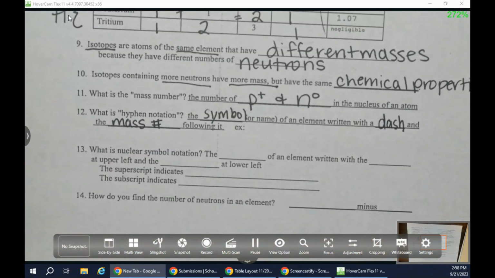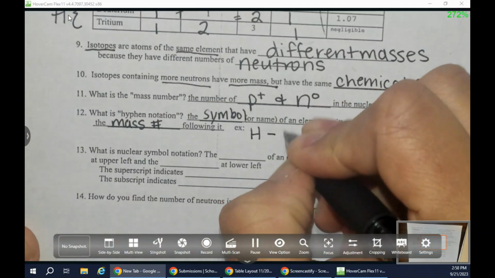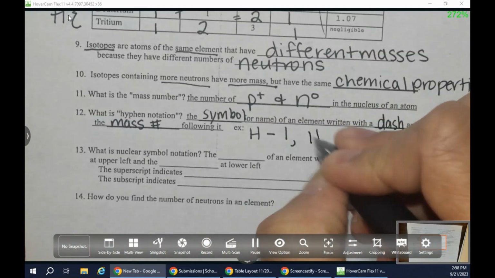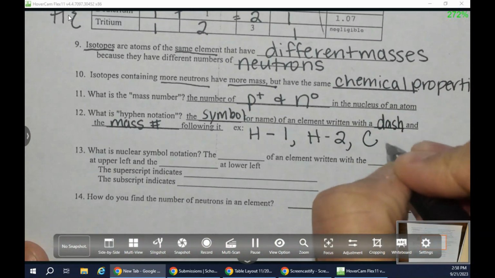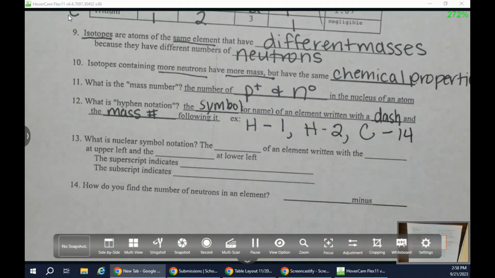The examples that we just had above, for protium, we would have had hydrogen with a 1 after it. We had hydrogen with a 2 after it. I could turn around and say carbon with a 14 after it. Carbon 14.